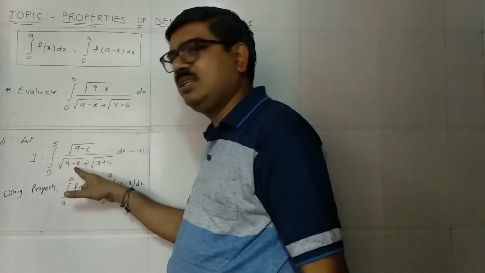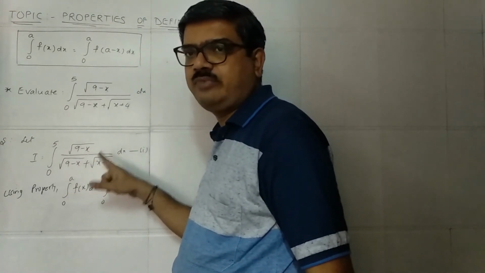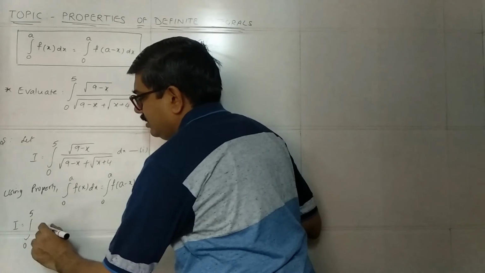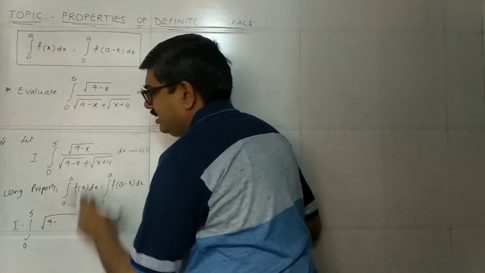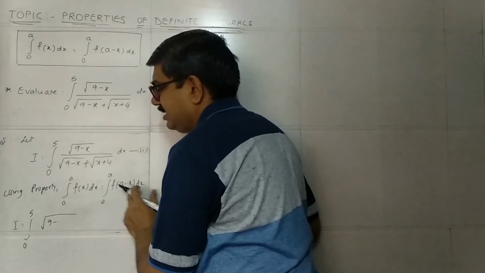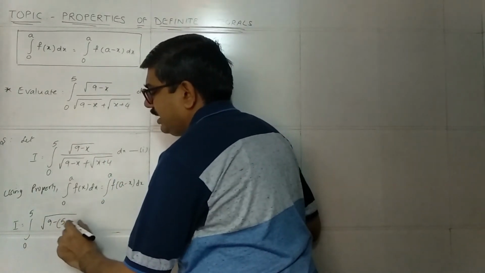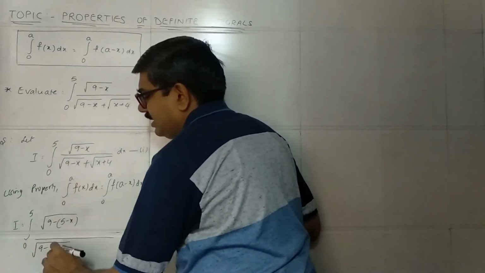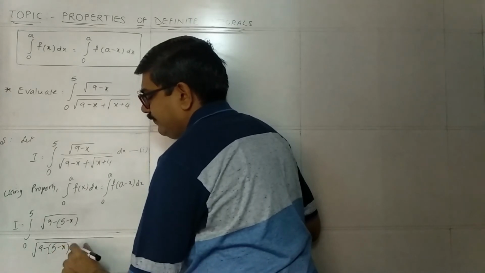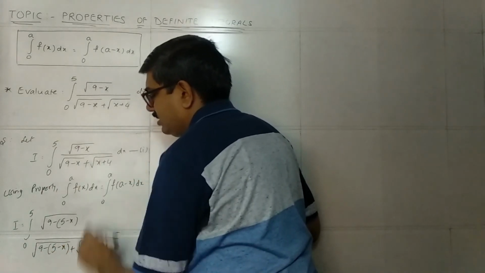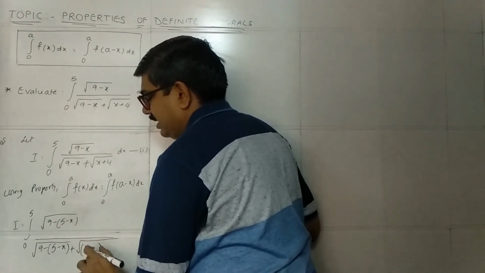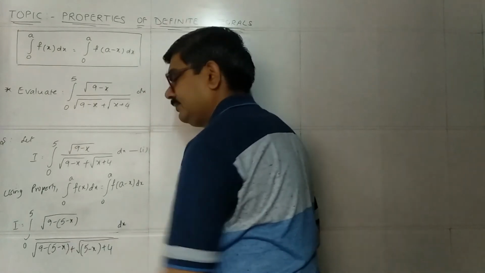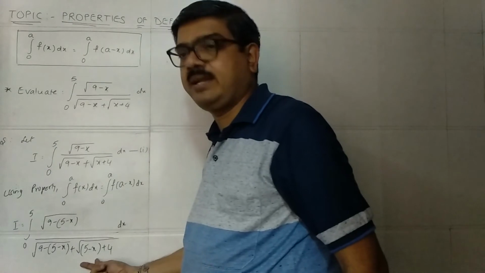I is equal to integral 0 to 5 of square root of 9 minus (5 minus x) upon square root of 9 minus (5 minus x) plus square root of (5 minus x) plus 4 dx. Always remember, don't forget to put brackets.